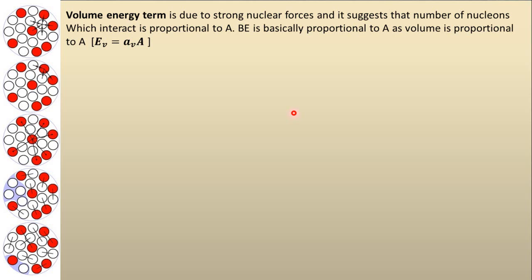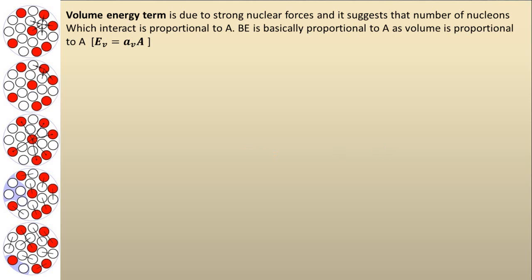We have studied the binding energy curve. In the last slides we discussed the binding energy per nucleon for different nuclei. There, in the graph, we took binding energy per nucleon on the y-axis and mass number A on the x-axis. So from that curve we can say that binding energy is proportional to the atomic mass number.